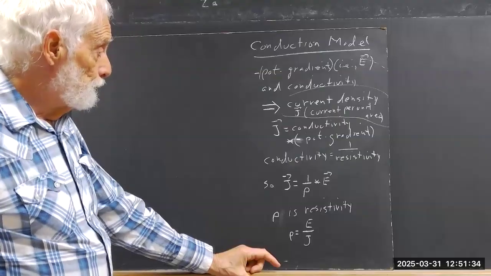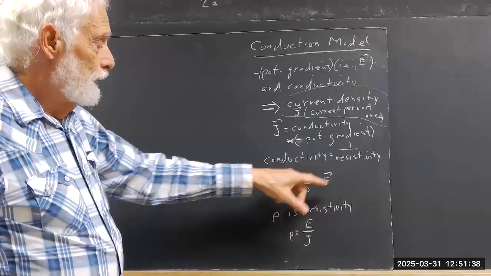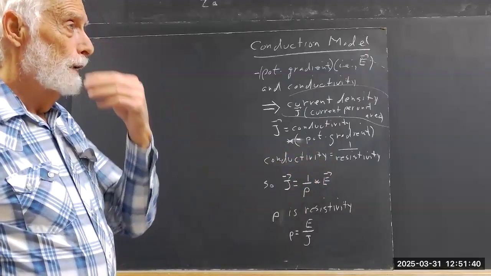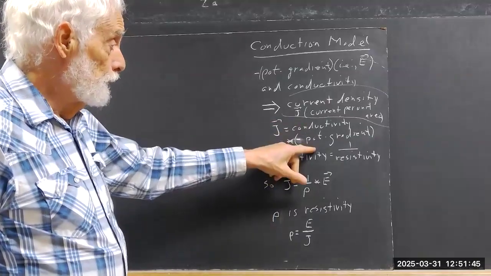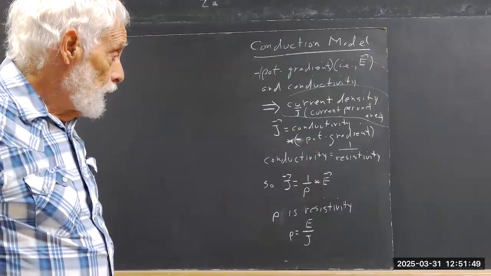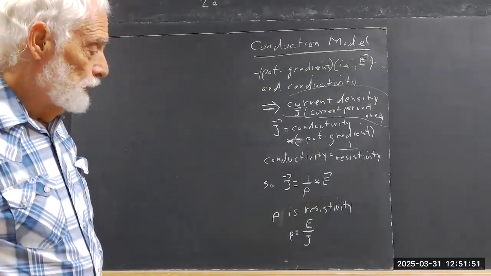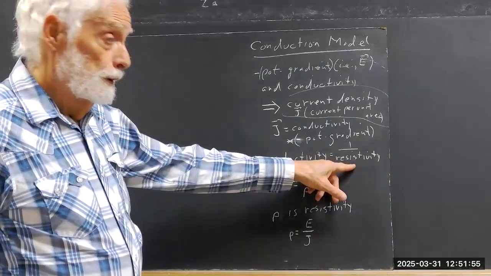Now, conductivity is the concept that I usually like to start with, because it's what you multiply by your potential gradient. More commonly, you can look up a table of conductivities and a table of resistivities.